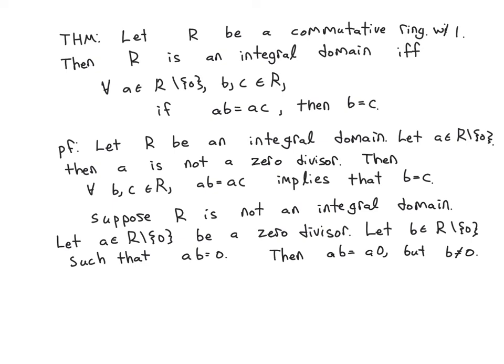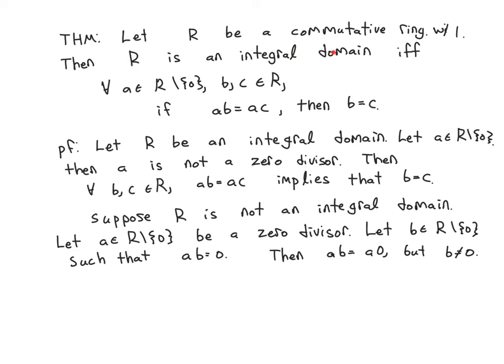Now we get to our theorem. An equivalent definition of integral domains is that the cancellation property always holds. This one is in the textbook, although our version of the proof is going to be shorter because I proved the cancellation property for a given non-zero divisor separately. So let R be a commutative ring with 1.